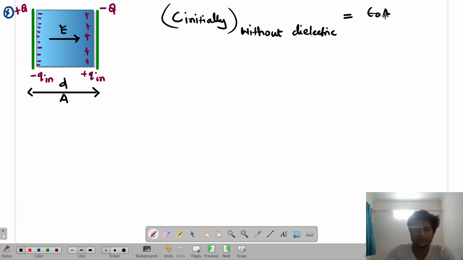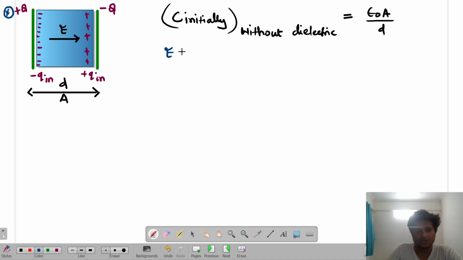Epsilon naught A by D. Are you able to get me or not? So with dielectric, let us see what happens. So look over here. With the dielectric C, first we need to find the electric field over here.